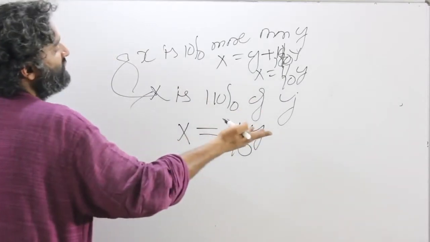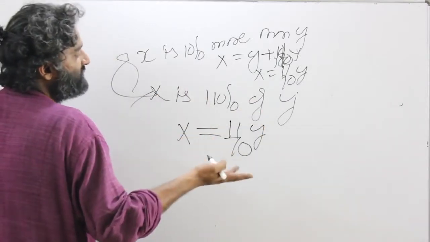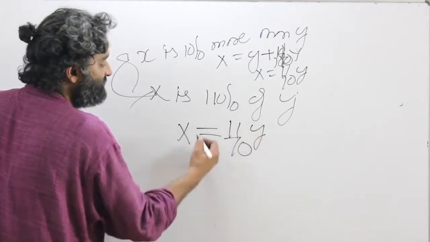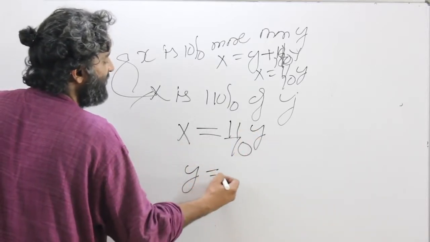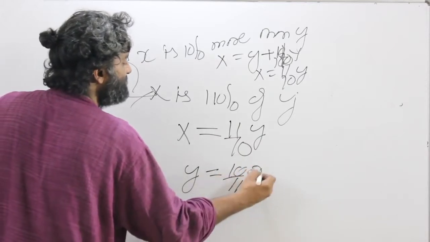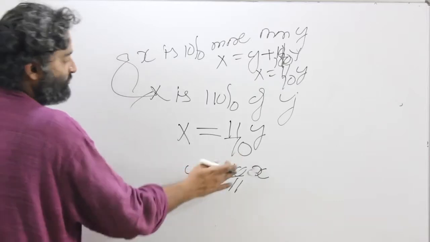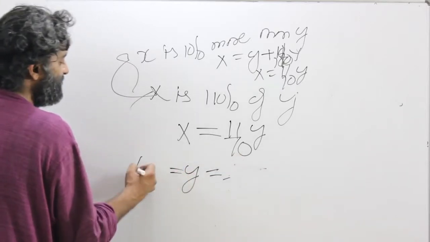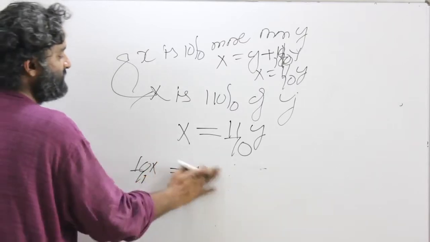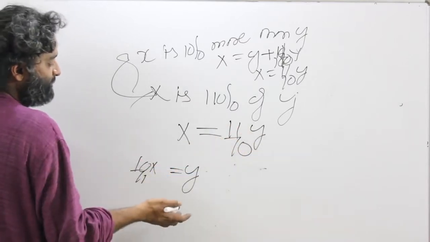Now if I want to convert it in terms of X, Y is what percentage of X, or Y is how much less than X, all I have to do is flip the multiplying factor here, and I get Y is equal to 10 by 11 X. If you are more comfortable, I can put the 10 by 11 on this side just for fun, because it's organized like that.